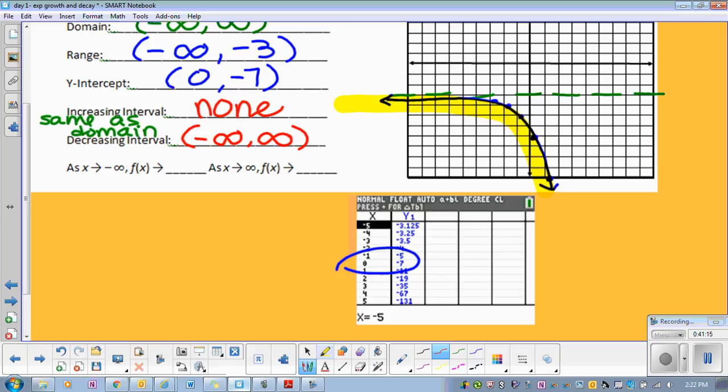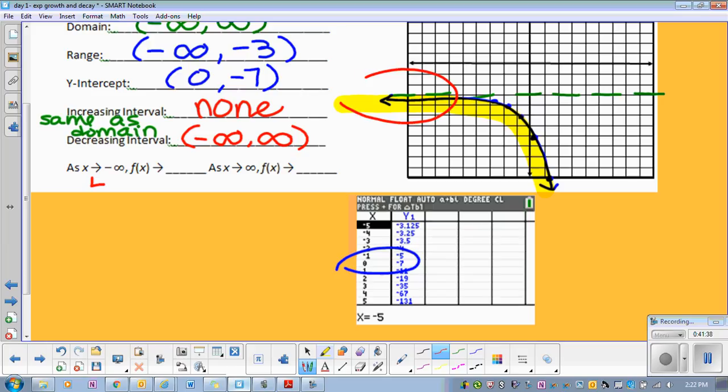Alright, so as x approaches negative infinity, which arm am I talking about here? These are the end behaviors, right? If you're on the x-axis and you want to go towards negative infinity, which arm am I talking about? Left or right? Left. Good. So look at your left arm.